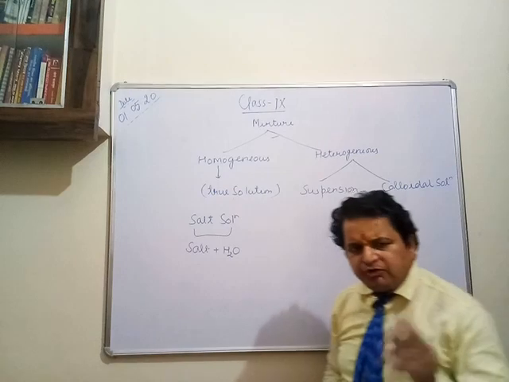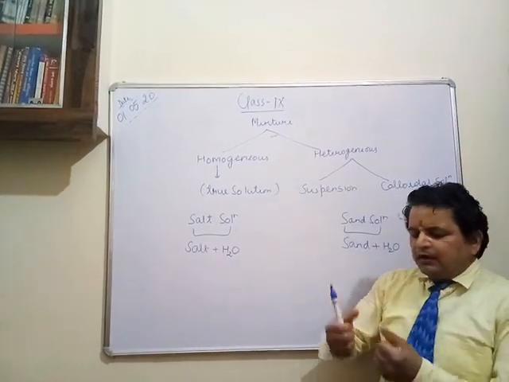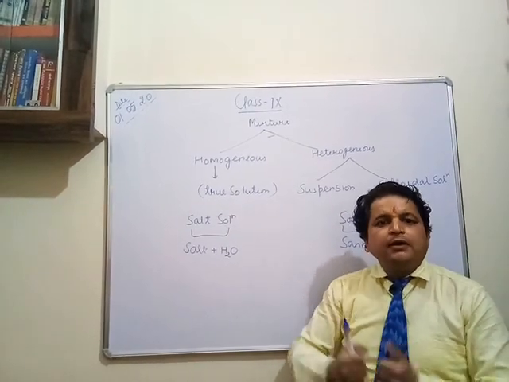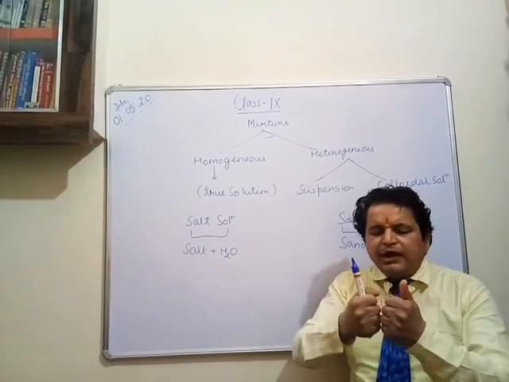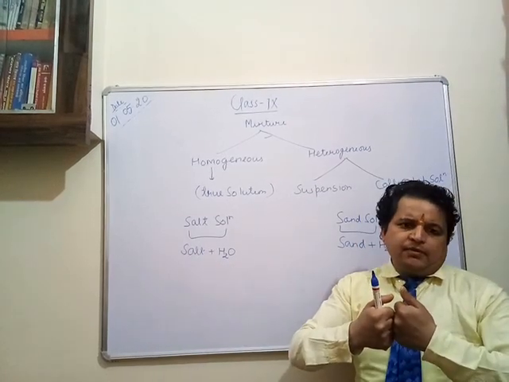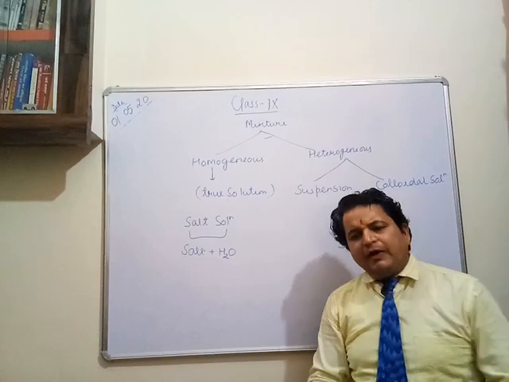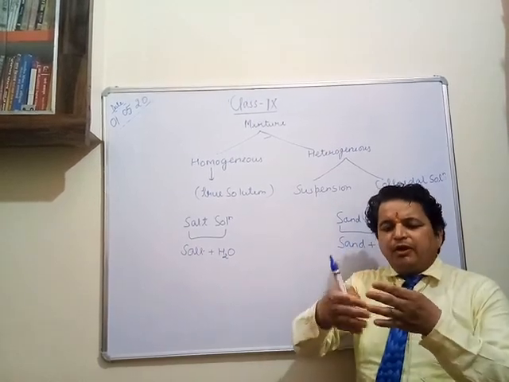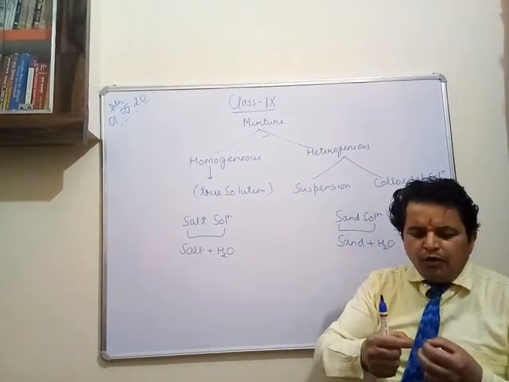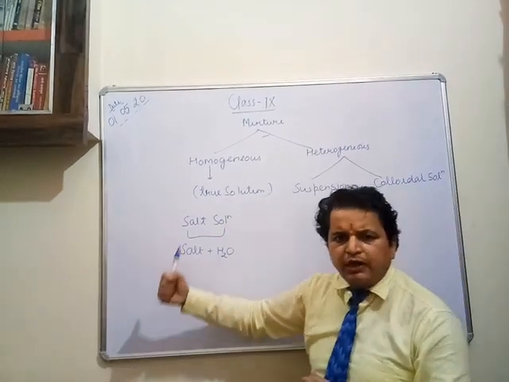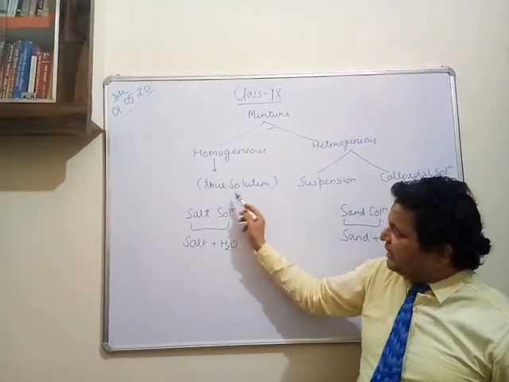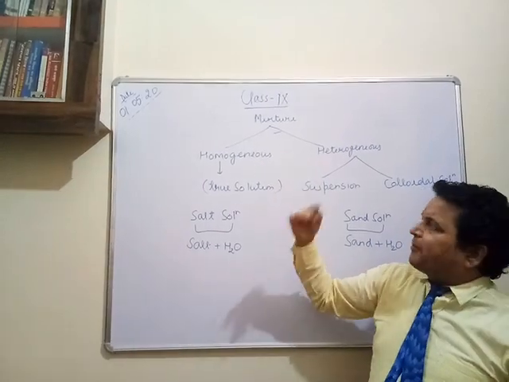Whenever I explain a solution, I say it is a product made up of two or more substances, but looking like one, when these components are completely mixed up, one dissolved in another. Just like the example of salt and water: salt completely mixed with water, meaning salt is dissolved in water. Now it is seen as one. Such solutions are known as true solutions. Completely mixed means solution, even though it is a part of mixture.